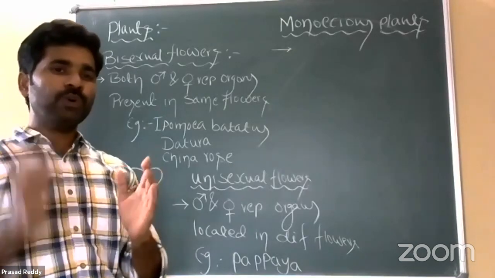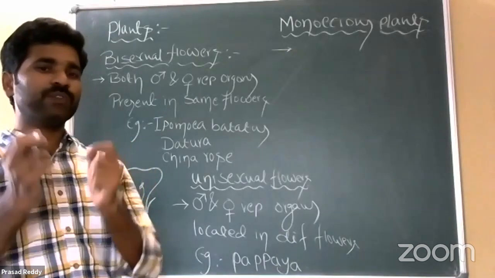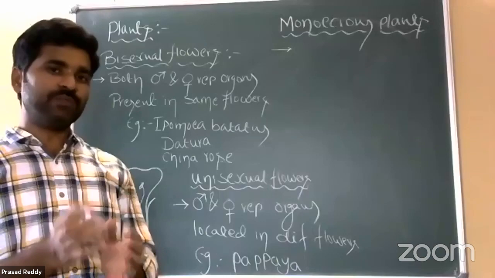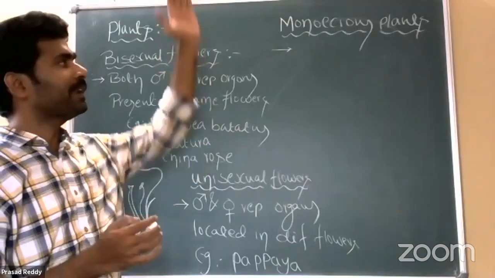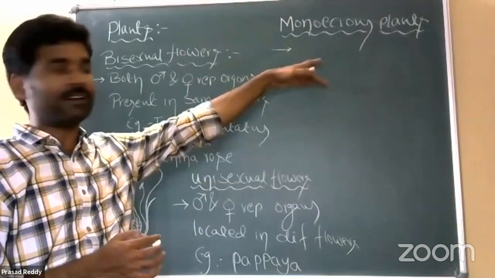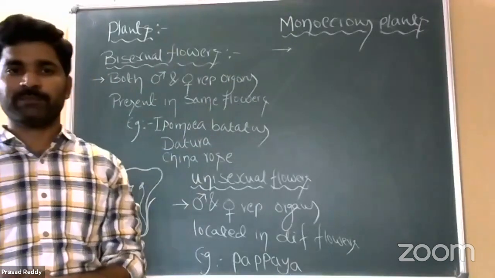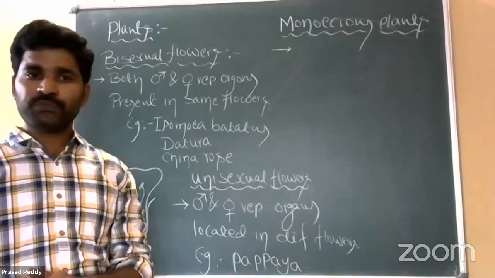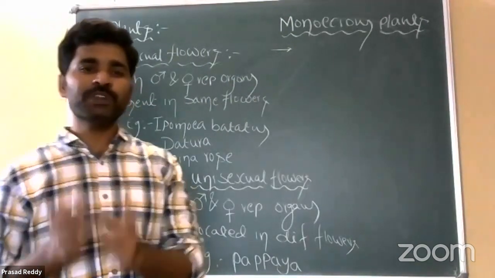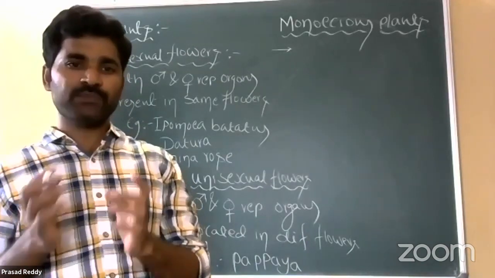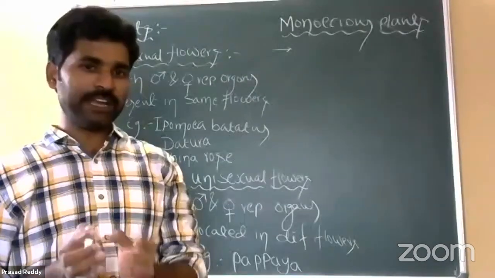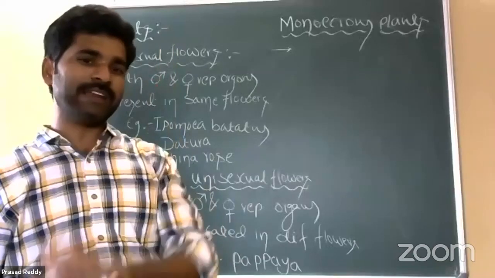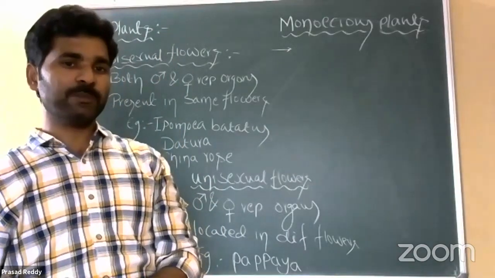If both male and female unisexual flowers are located on the same parent or the same plant, it is called a monoecious plant. Is it clear? If both unisexual male and female flowers are located on the same plant, they are called monoecious plants.